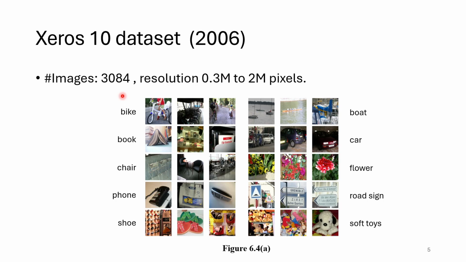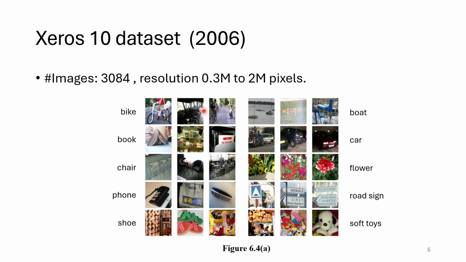The dataset is not very big from our perspective now, but 18 years ago it was still an interesting dataset. Here is the first problem. There are different resolutions from small images to large images. How to classify images from different resolutions? This will be the first challenge.